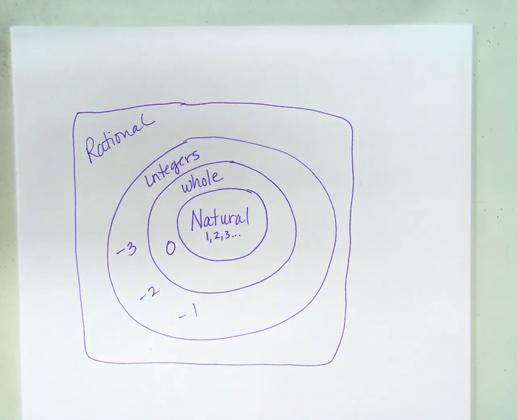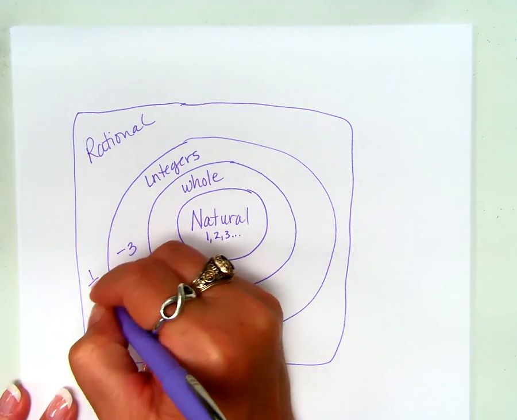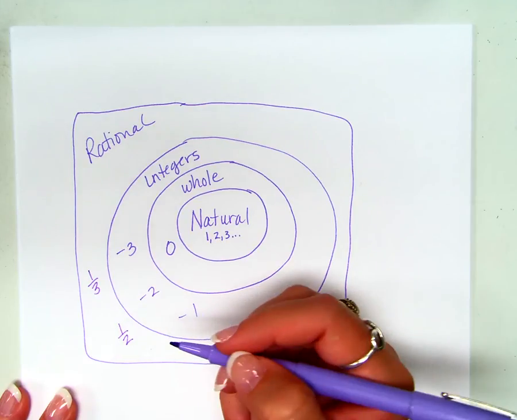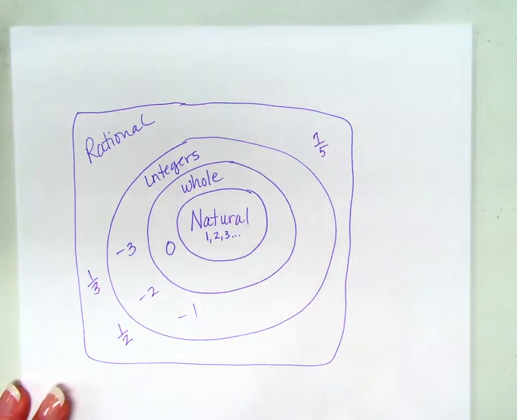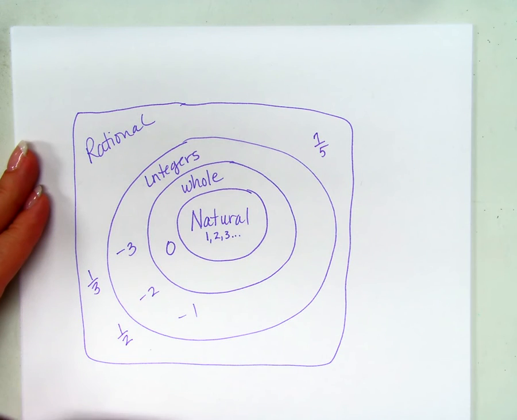Do you see that rational numbers include fractions? Fractions like what? 1/3? 1/2? What about 7/5? Does it include that? Okay. We're good with that? Rational numbers are any number that can be written as a fraction.